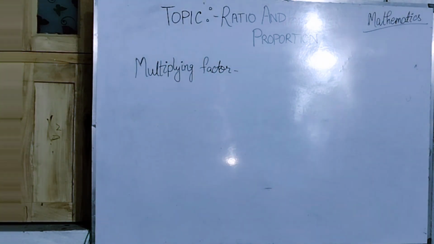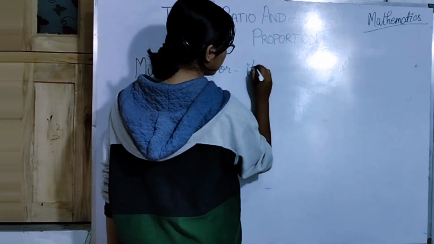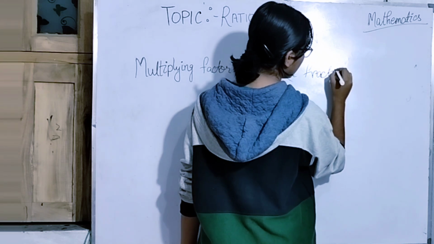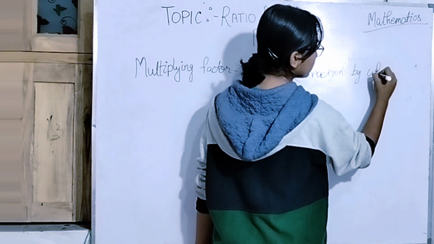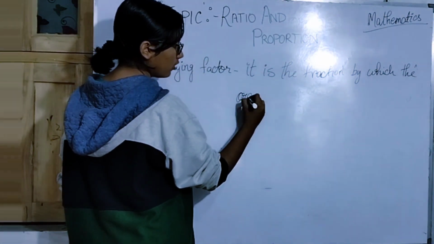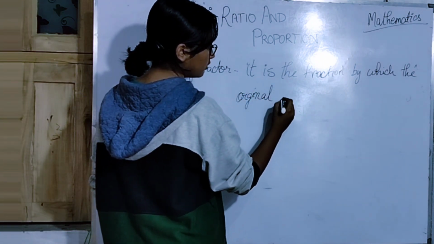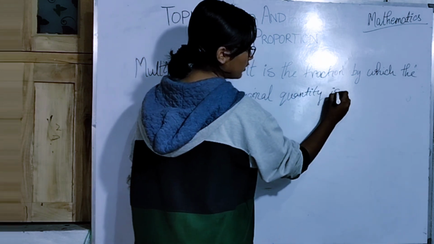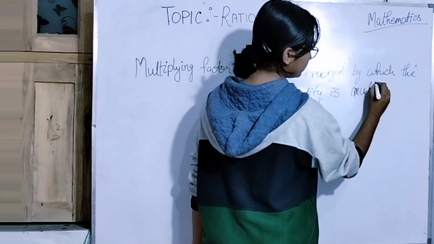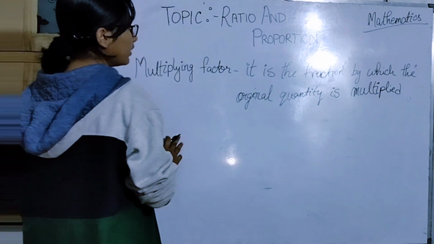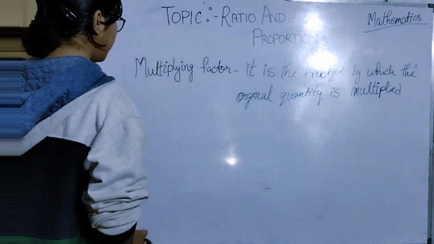Multiplying factor is the fraction by which the original quantity is multiplied. What is this? It is a fraction by which the original quantity is multiplied.